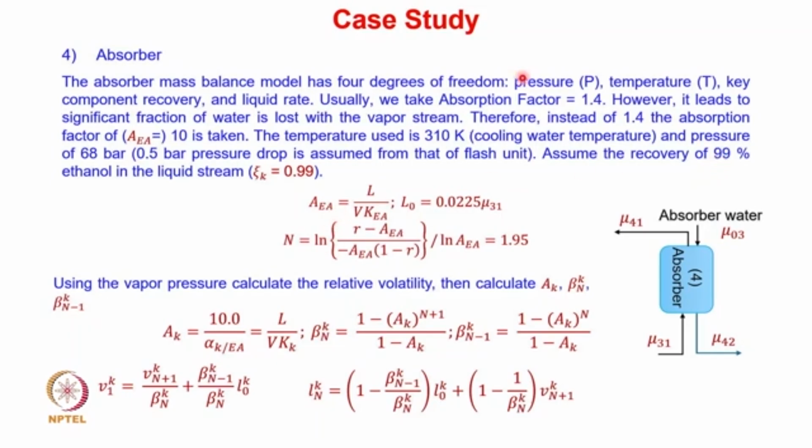With these values given, we have fixed the pressure, the temperature, the split fraction of the component, and the absorption factor. So all 4 degrees of freedom are fixed, and now we can do the calculations uniquely. The absorption factor can be represented as the liquid molar flow rate divided by the vapor molar flow rate into the equilibrium constant KEA.